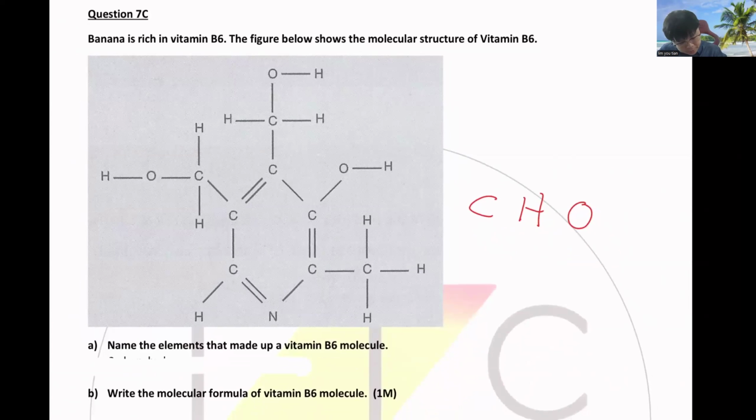The elements that make up vitamin B6 are C, H, O, N. The key of the question is you need to calculate correctly how many C, how many H, how many O. Today I tried to complete all the calculation questions because calculation questions are normally weak. Calculate carefully. I also calculated myself.